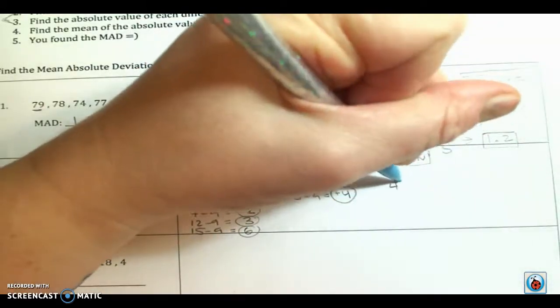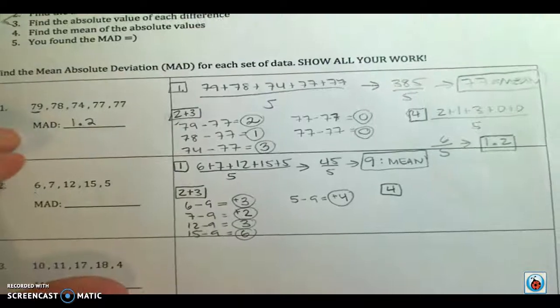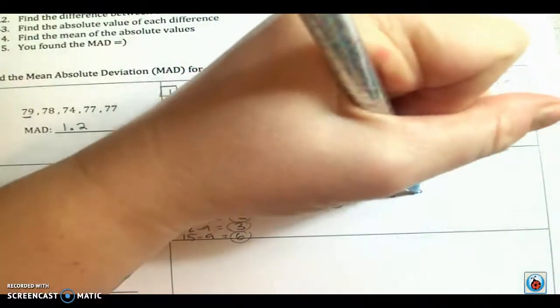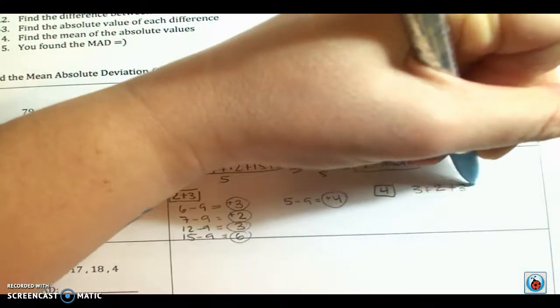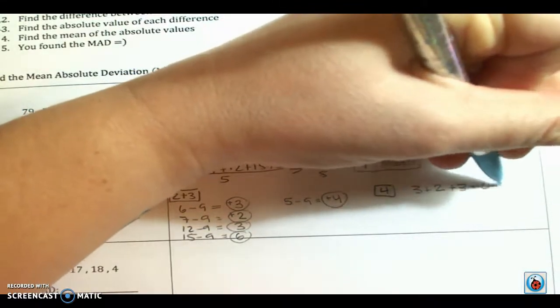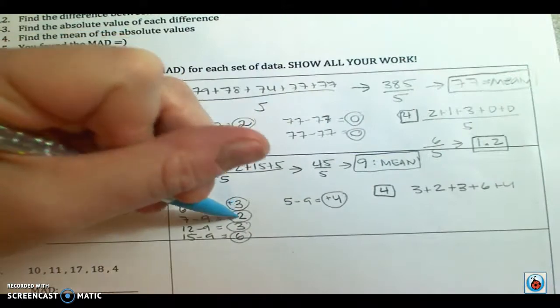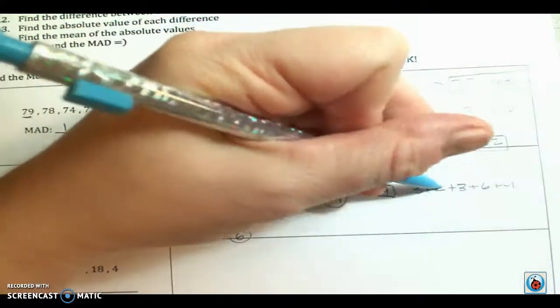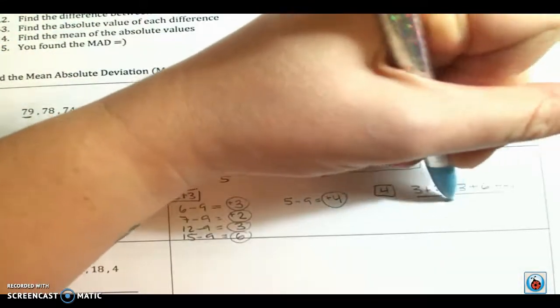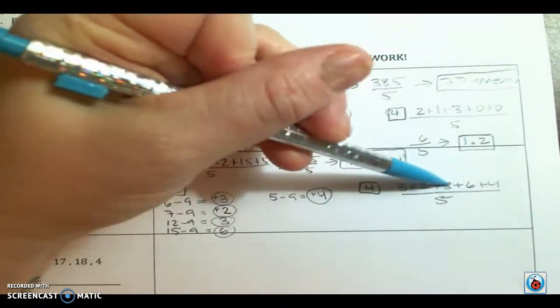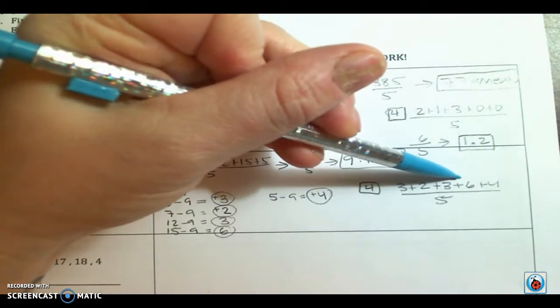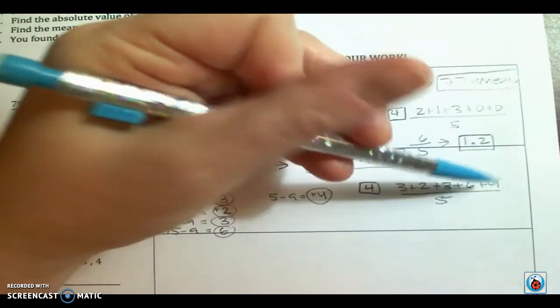Now, step 4, find the average. So 3 plus 2 plus 3 plus 6 plus 4. Again, count till you've got them: 1, 2, 3, 4, 5. So I get 5 plus 9 is 14, plus 4 more is 18.